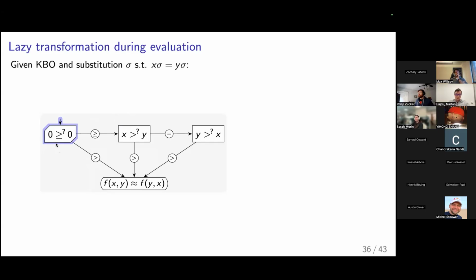And if we do this, this node becomes unreachable, so we just delete it. So if we perform this operation, then we get this. So we have removed this trivial node, and now we have a simpler term ordering diagram with the new entry node. And now we cannot transform this current node because there is nothing to transform here.